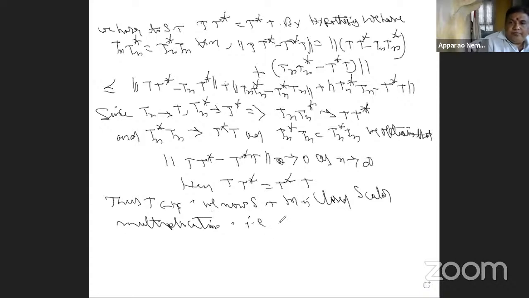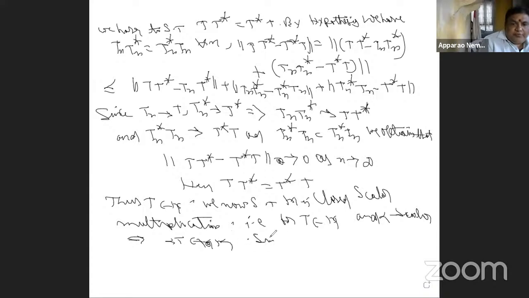That is, for T belongs to capital M and alpha a scalar implies that alpha T belongs to capital M.